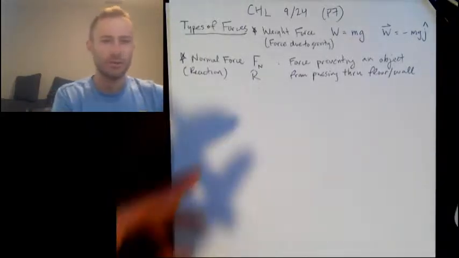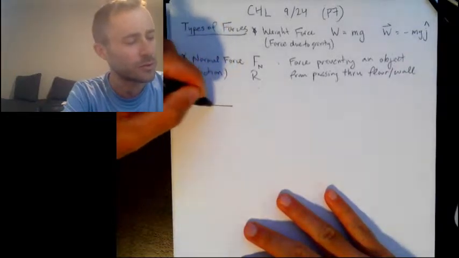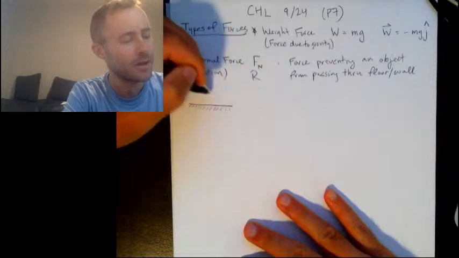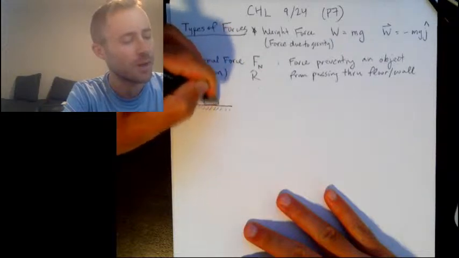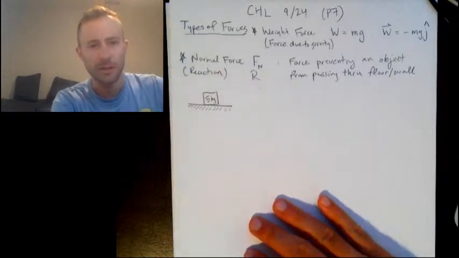So we're going to do a couple examples with the normal force here, okay? First example is really simple. Let's just say you have a flat surface and you have a 5 kilogram box sitting on that surface, okay? And that's it.